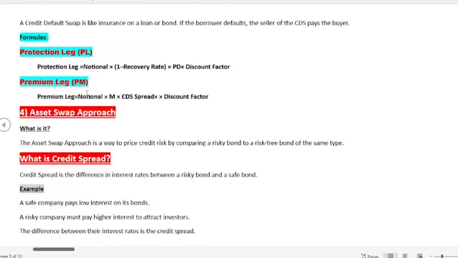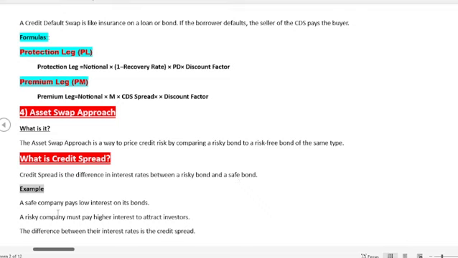Credit spread is the difference in interest rates between a risky bond and a safe bond. The interest rate for the risky bond is different from the interest rate for the safe bond. Let's see the example.